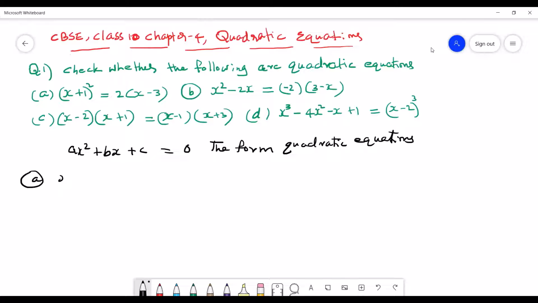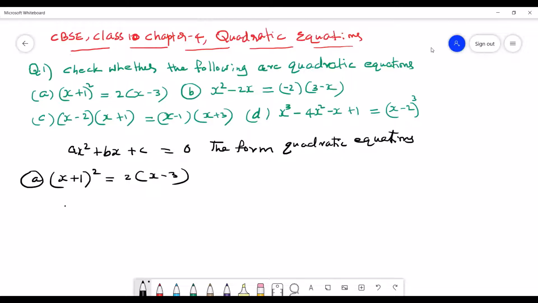The first question is x plus 1 whole square is equal to 2 into x minus 3. Here we have a square. First of all, let us expand the square. x plus 1 whole square is like a plus b whole square, so a square plus 2ab plus b square. Like that we can write this.